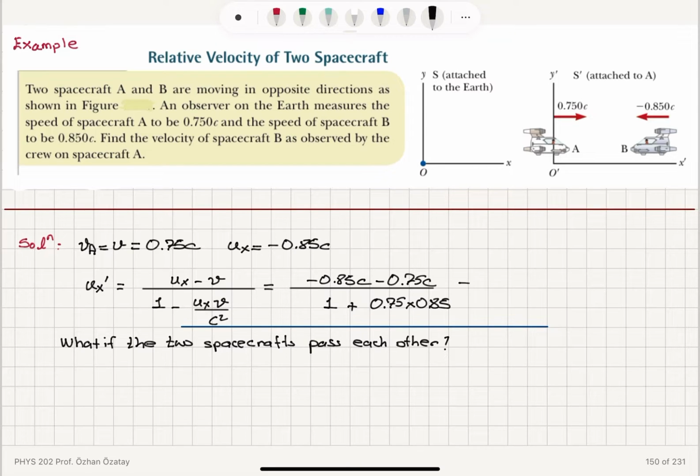And this will give us the x component of velocity measured by spacecraft A to be minus 0.977c.